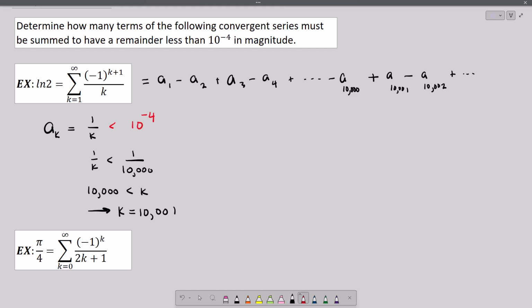So that term right there is less than 10 to the negative 4. That's the first term that's less than 10 to the negative 4. So we want to add up all of these. We're going to sum all of those. And this term right here is going to be the remainder.